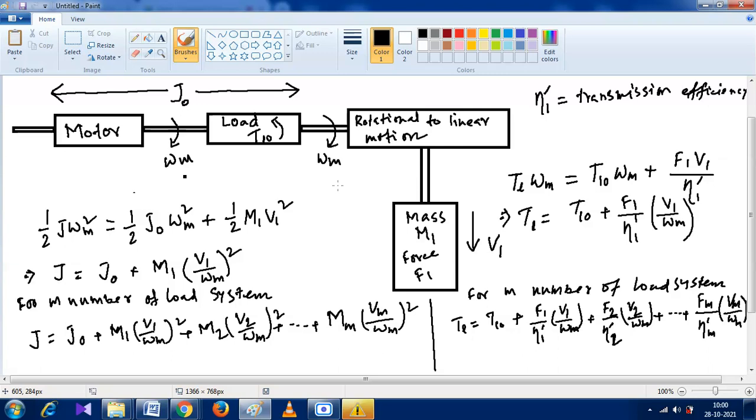Which quantity is actually called the drive parameter? One is moment of inertia and another is load torque.